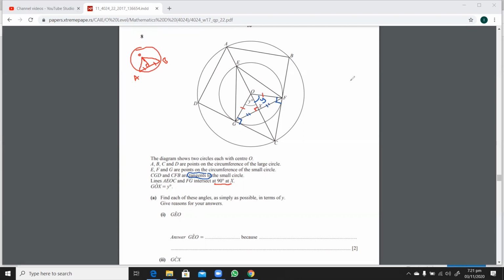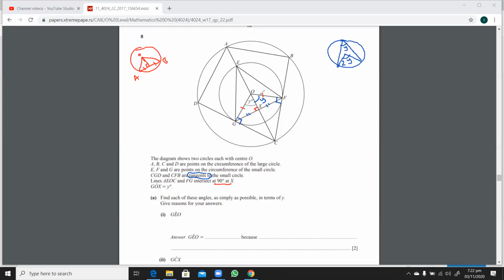Now, do you remember the angle at the center is twice the angle at the circumference? If you have 2y over here, then this angle over here would be half, y. So if this is 2y, then this angle is going to be y at the circumference. Now look at this angle GOF.